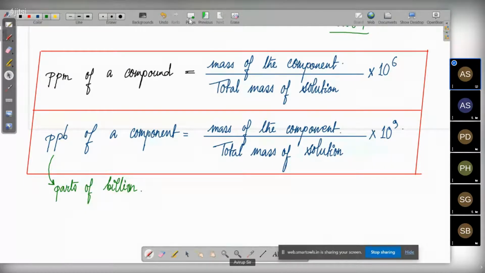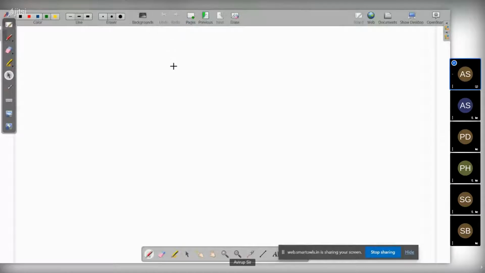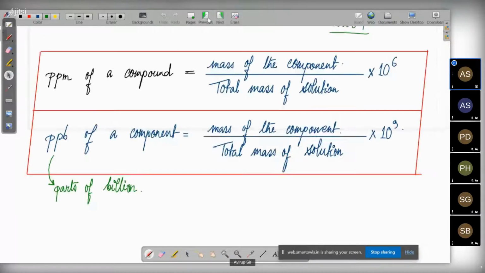Okay. So now, as I told you, we are done with the concentration factors. So tell me, is parts per million dependent on temperature or independent of temperature?